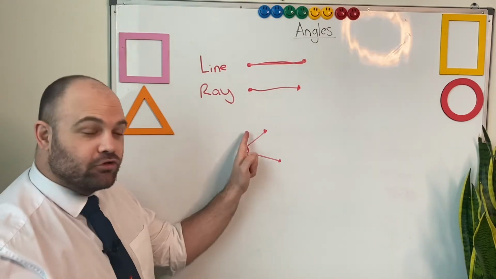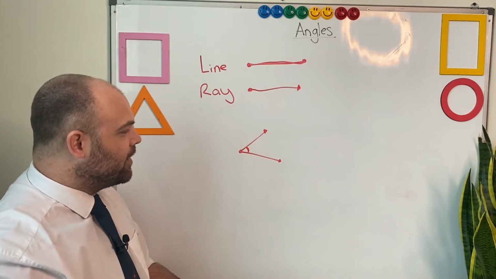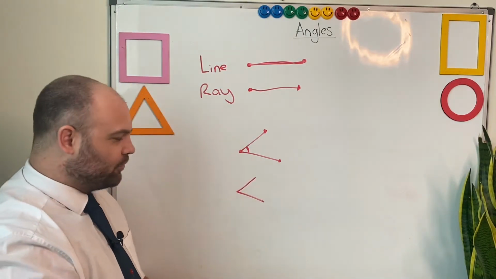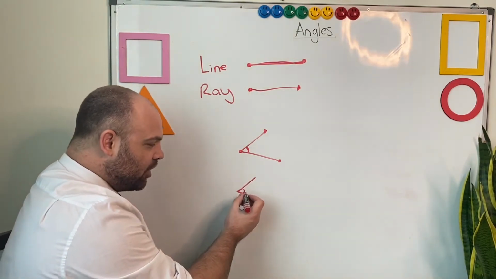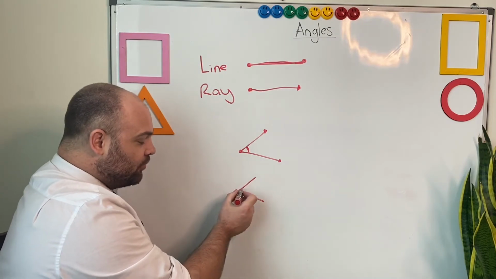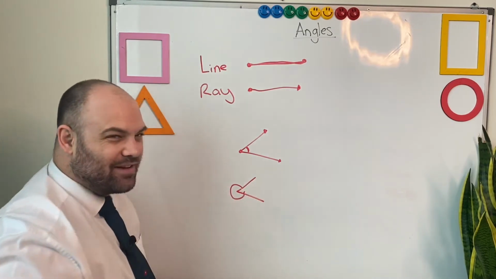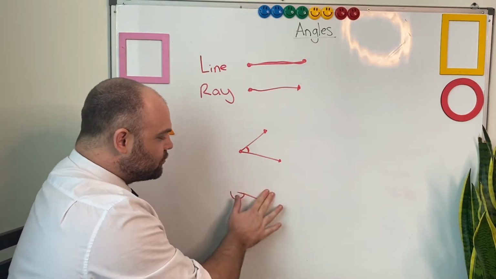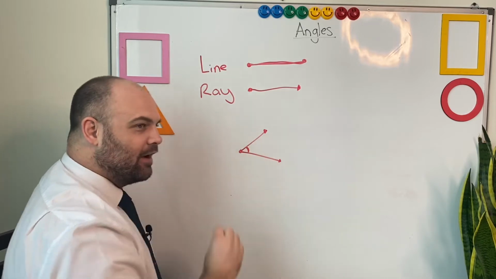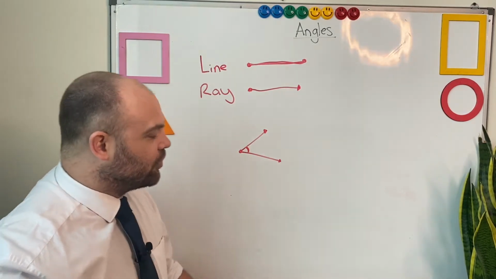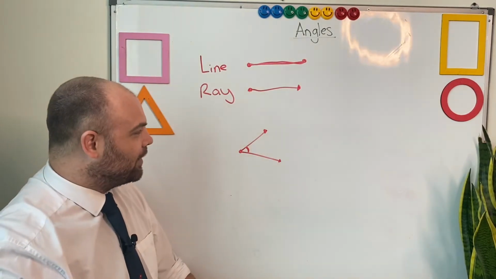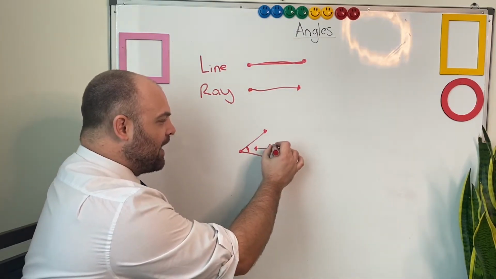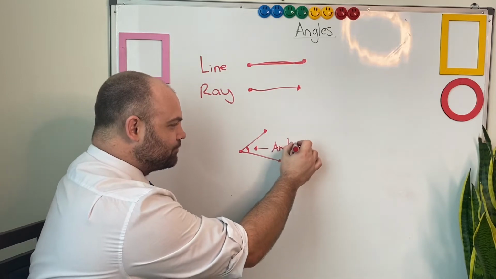And it's important that you draw this in when you're working with angles, because if you ignore it, you're not sure what angle you're talking about, because there's an angle over here, but you could also find the angle over there. And so you actually really need to draw in your little angle sign in order to show the angle that you are talking about. So over here we have an angle.